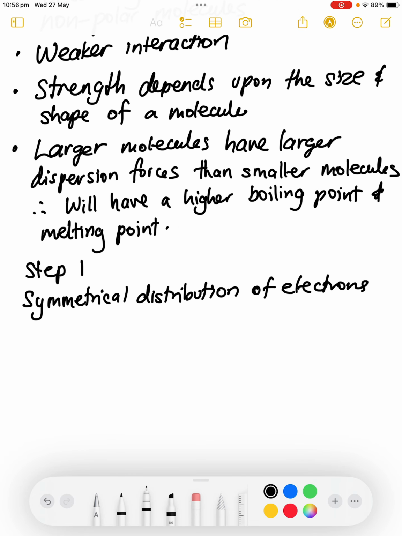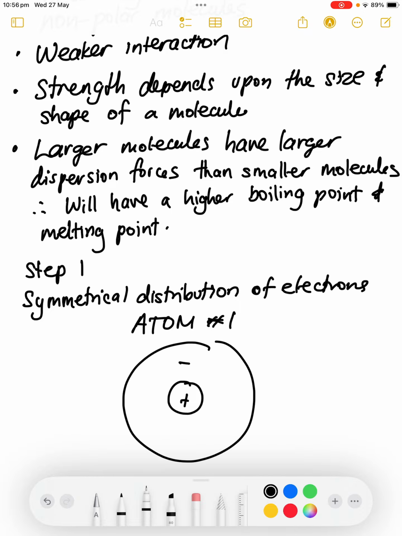All right. Let's just say this is known as atom 1. Got your nucleus, and let's say the electrons are carried around that way.